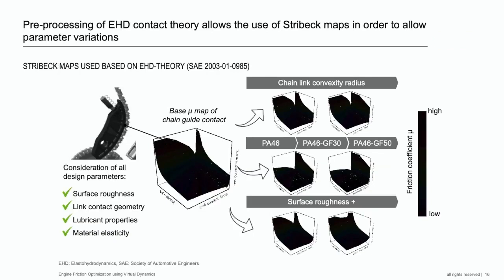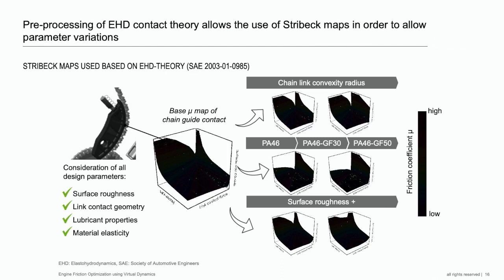Coming more to the timing system friction. Between the chain and the chain guides, we have the opportunity to enter Stribeck maps that give back a friction coefficient dependent on the chain velocity and the chain contact force.